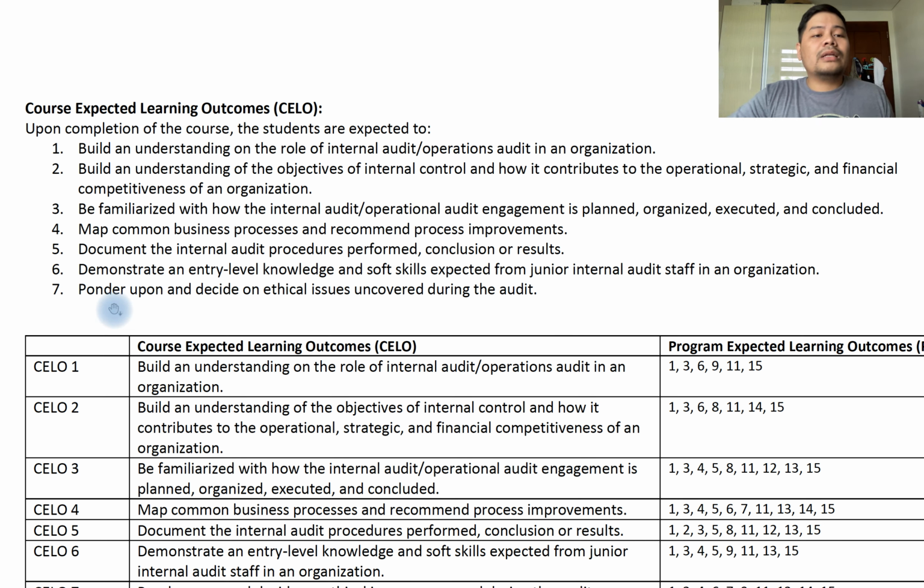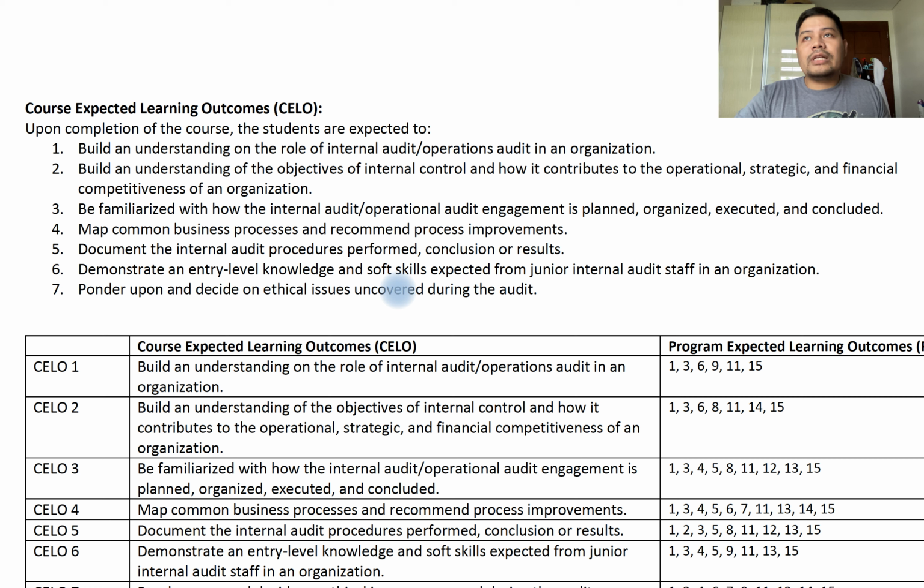Okay, number 6, demonstrate entry-level knowledge and soft skills expected from junior internal audit staff in an organization. So here, as students of operations audit, at least you'll be learning some of the knowledge that will be helpful to you when you enter the corporate world, specifically if you'll be joining an organization as an internal audit staff, or it can also be external audit staff.